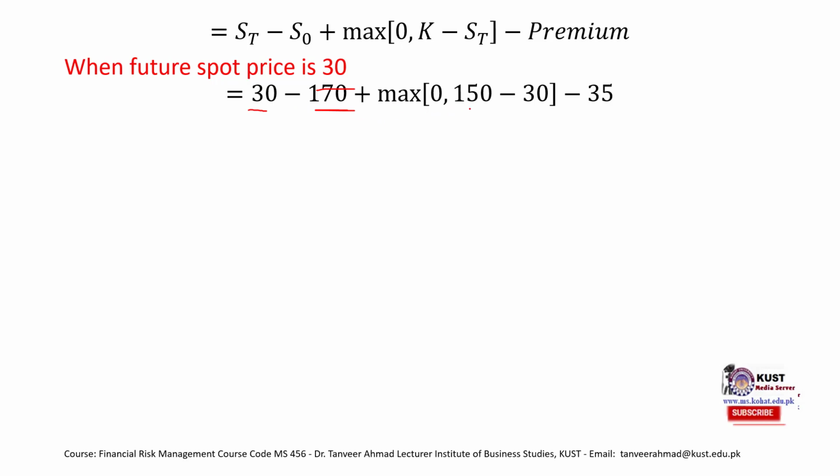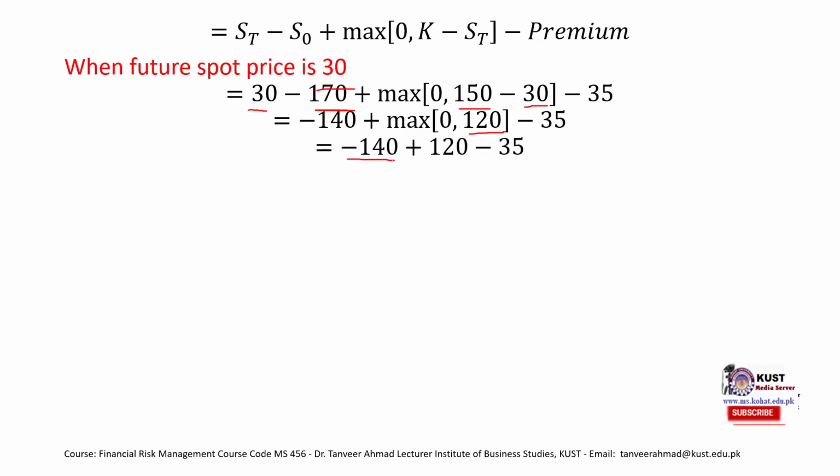Maximum of 0, 150 minus 30. 150 is K, and 30 is the future spot price, minus the premium. 150 minus 30 would give us 120. What is the maximum value, 0 or 120? It is 120. So minus 140, which is coming from 30 minus 170, plus 120, minus 35 premium. This would give us minus 35, and this is what we calculated in our manual method.